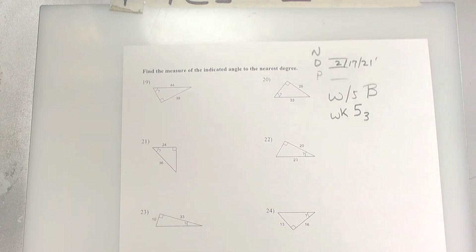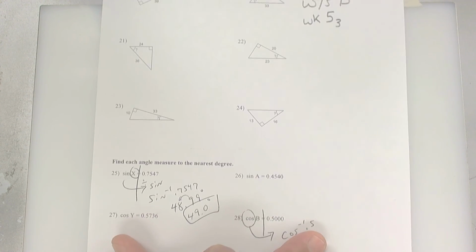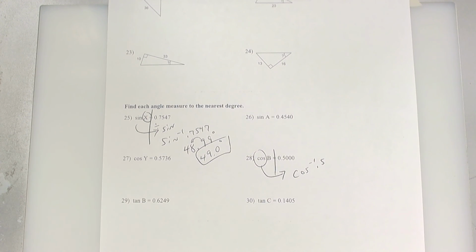And that worksheet is going to look like this. Okay, it should be on Canvas, and here it is on video. I can't zoom in, unfortunately, but there it is, okay? And that's all we're doing today.